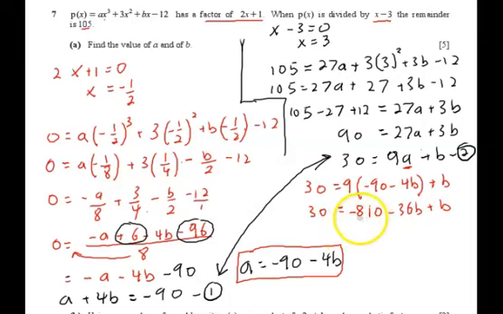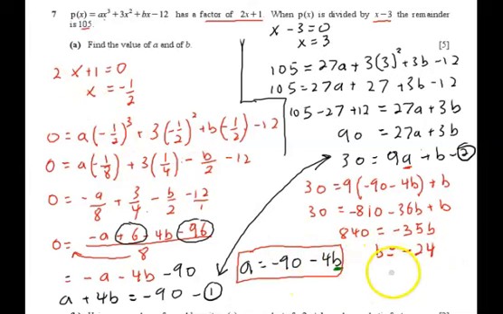Okay, and then this negative 810 we move to the opposite side, it will become 840 equals negative 35b. And then for b you'll be getting the answer negative 24. So once you get the answer, you can substitute inside this b here.